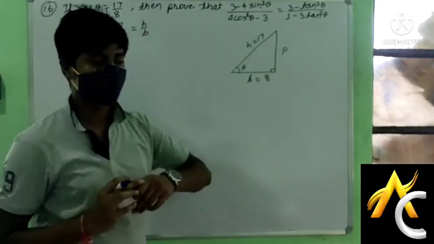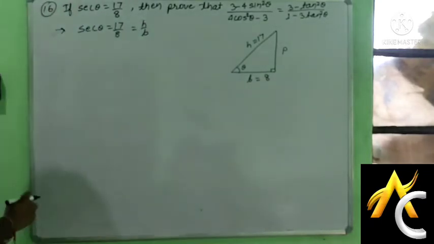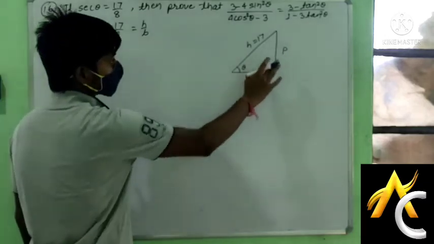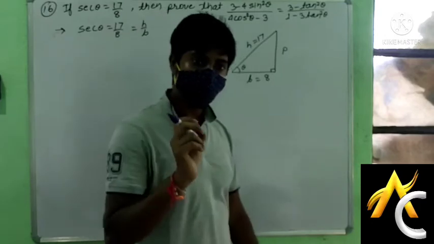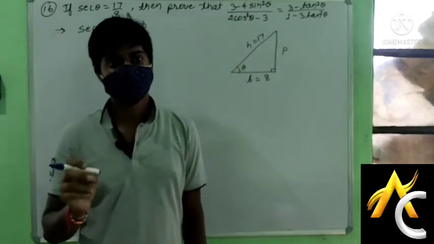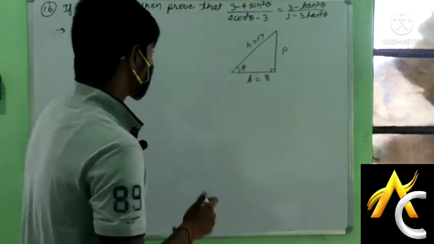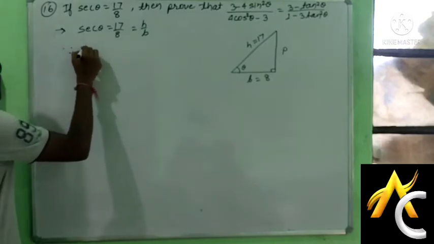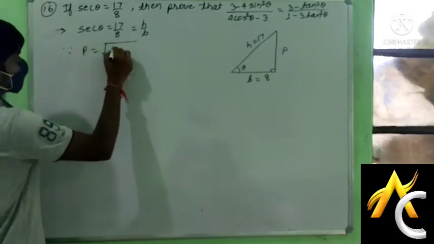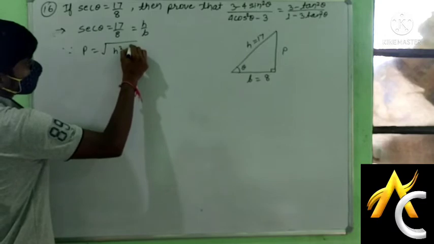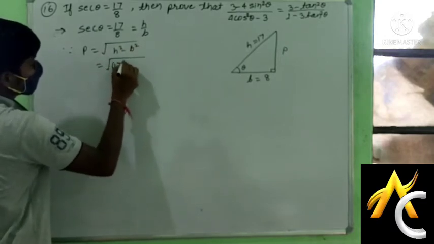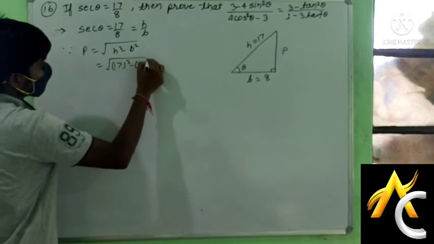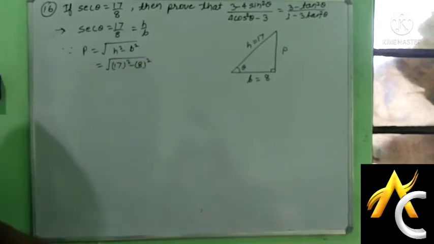Okay. Now we are in a position to find the value of P, and by applying the Pythagoras theorem, the value of P is root under H square minus B square. So P is equal to root under 17 square minus 8 square. Now again it is in the form of A square minus B square.